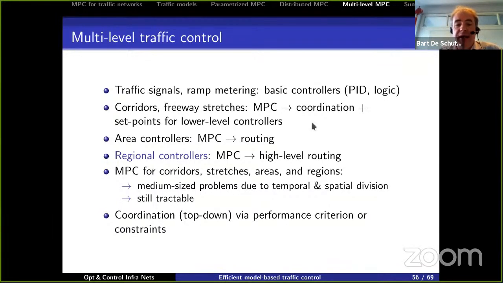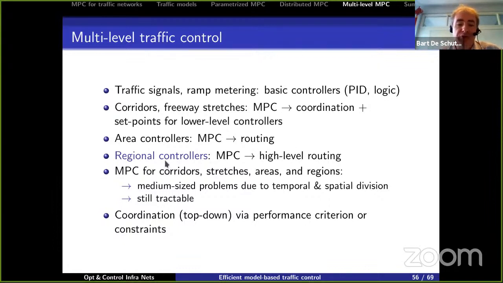If you look higher into the hierarchy, you will look more and more towards the network level. And then not only the coordination of controllers takes an important role, but also how you're going to route the traffic flows through your network. So for the area controllers, it would typically be to assign traffic flows to different highways.